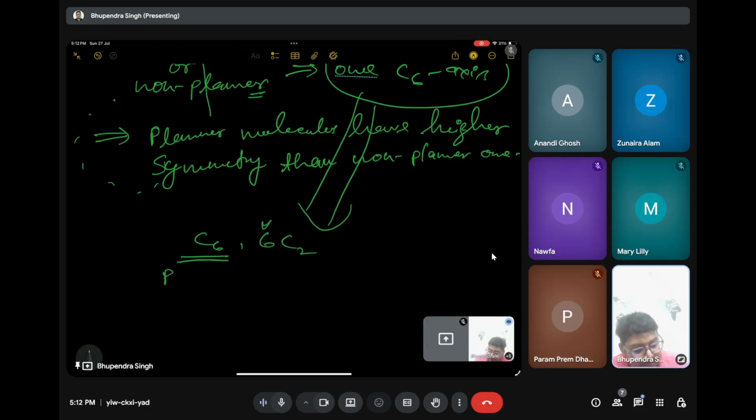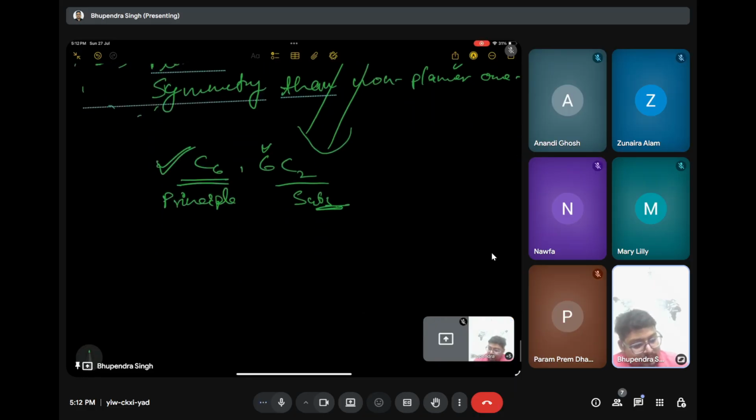This is your principal axis. Why? I have already told you. The C2 axes are subsidiary axes. Why is the C6 the principal axis? Because it has a higher order of symmetry.